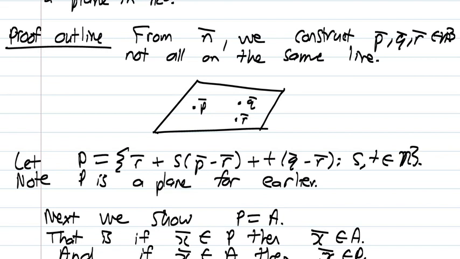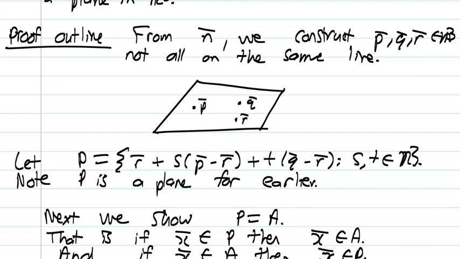Because p minus r and q minus r are not scalar multiples of one another, another way of saying it, P, Q, and R are not on the same line, it follows that set P is a plane. Now, we do this in a very clever way so that we can show that set P and set A are identical.